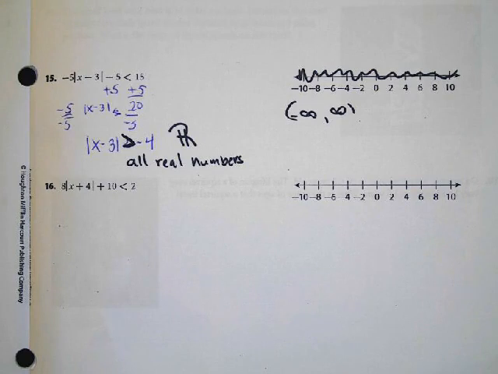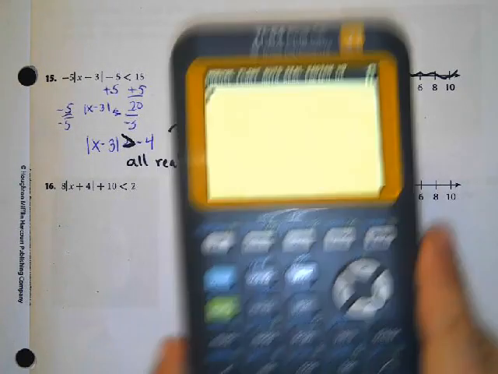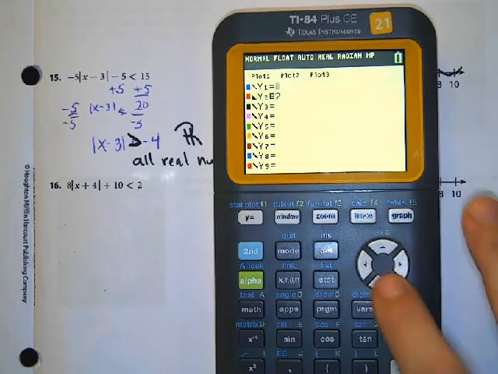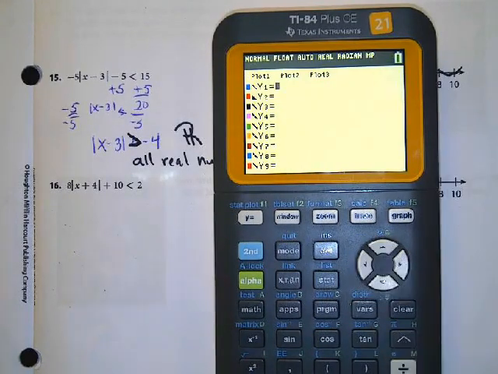I mean, if you checked in the back of the book, you check the answers on the selected answers, great. But I also want you guys to be able to do this. Okay? So when I go into y equals, I'm going to clear whatever's there. If you guys look to the left of the y equals, there's a solid line there, and that just means that's what you guys would graph. It will graph inequalities also.